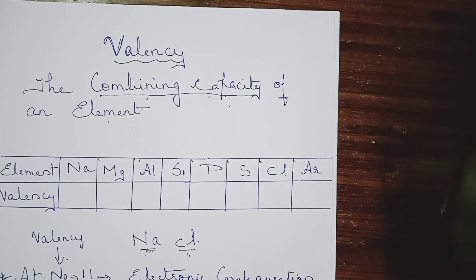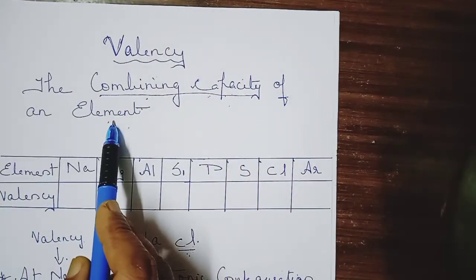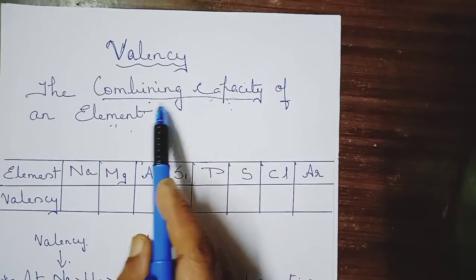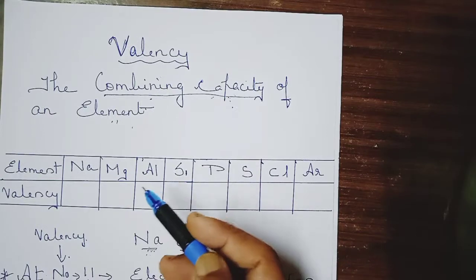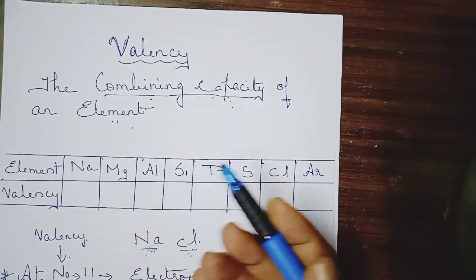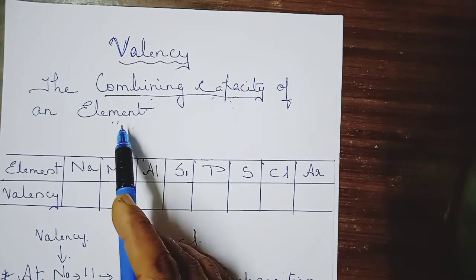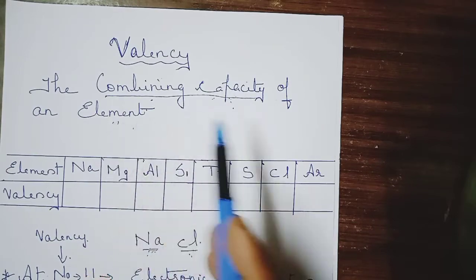So what is valency? Valency is the combining capacity of an element. Now, what do you mean by this combining capacity? We all know we have many elements in the periodic table which exist on this earth, and many compounds are formed by combining one element with another.